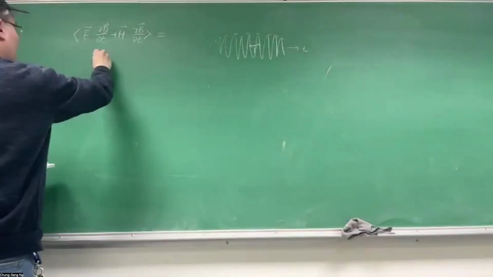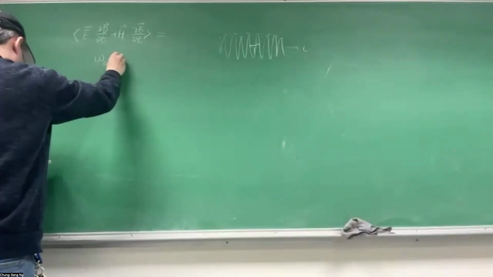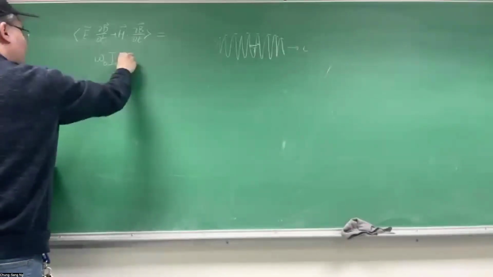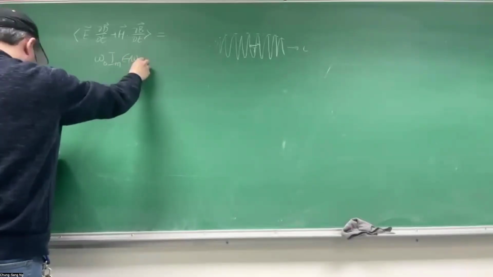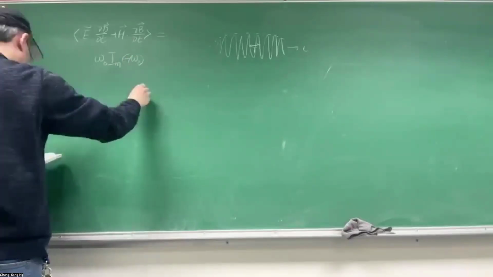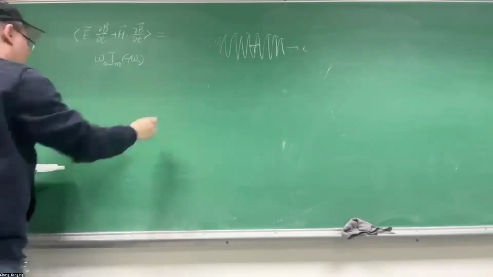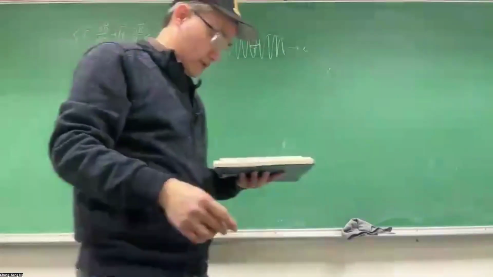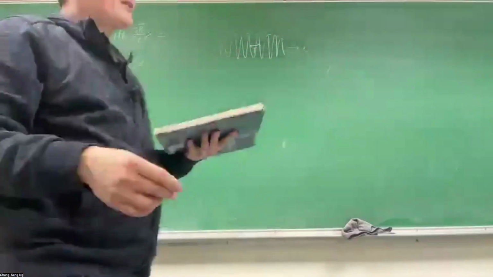And the first two terms are the dissipating terms. You have omega sub 0, the imaginary part of the epsilon. So the dielectric constant, it turns out that there will be an imaginary part, and that is unavoidable except for vacuum.